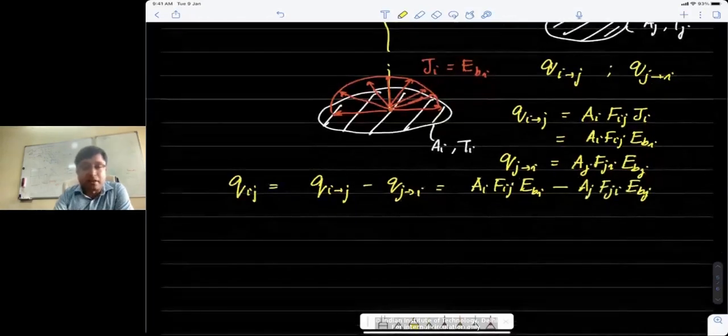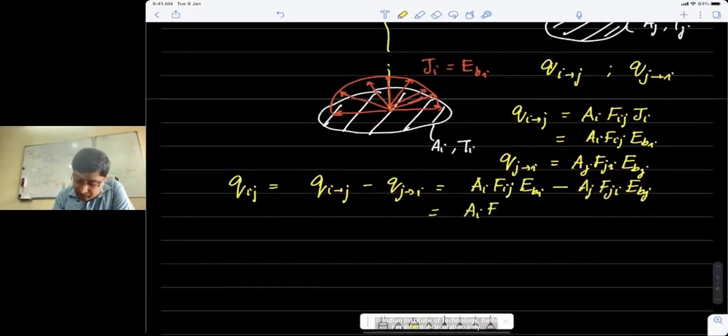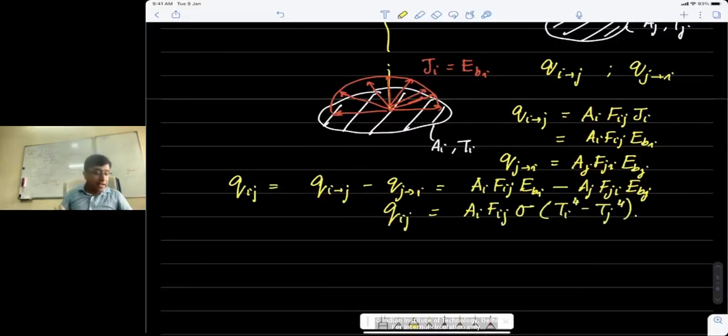And now if I use reciprocity, that Ai Fij is the same as Aj Fji, I can write this as Ai Fij, taking it out as a common factor, times Ebi minus Ebj, which can be written as sigma Ti to the power 4 minus Tj to the power 4. So this is Qij. So radiation exchange between two black bodies can be written in terms of the temperatures.